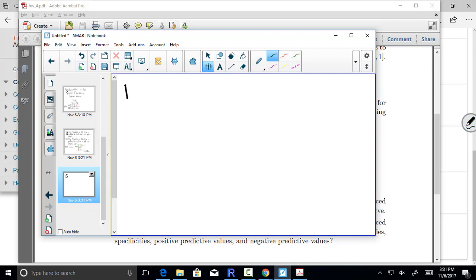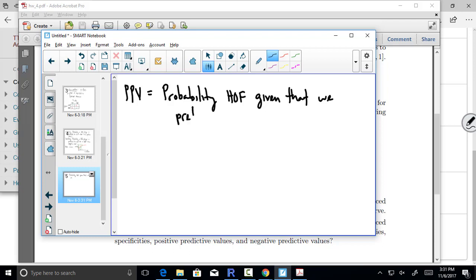So positive predictive value is the probability they're in the Hall of Fame, given that we predict Hall of Fame.